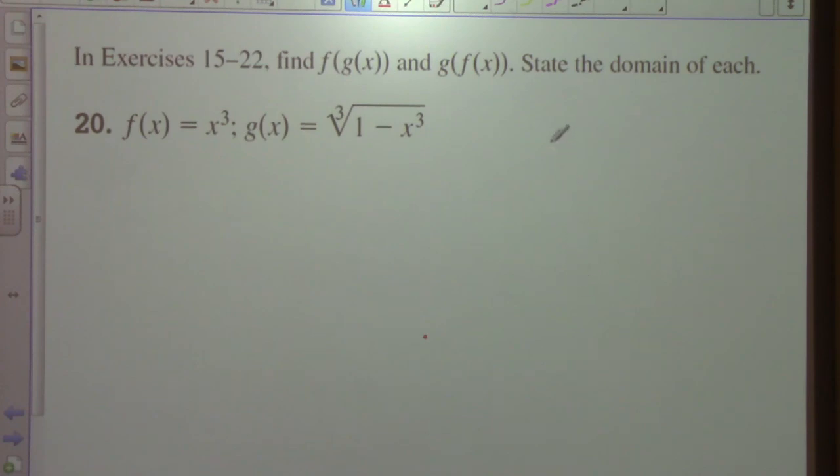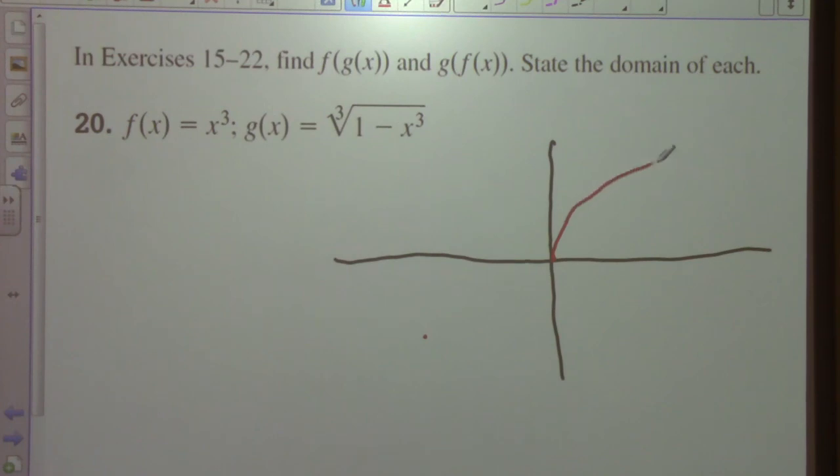And what I want to do is give you an example here. In red, this is the square root function, y equals square root of x. But what does the cube root function look like? When we did notes, that's one of the reasons I had you do that.